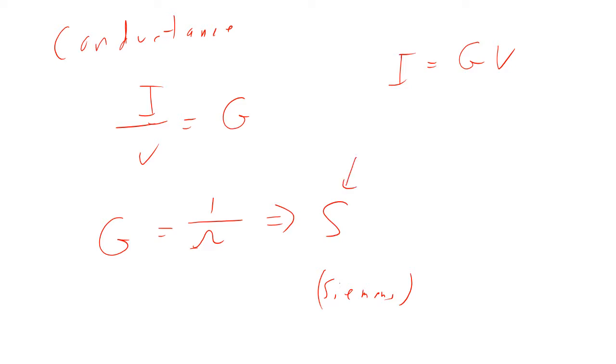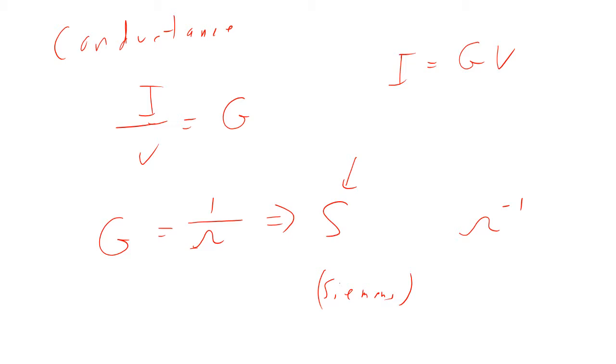Now, the problem is that capital S is the official unit, but it is sometimes difficult to see in an equation because we use capital S and lowercase s for other things. That makes it confusing. Secondly, it can be mistaken for a 5 if you're not looking carefully. So a lot of engineers still use ohm to the minus 1.